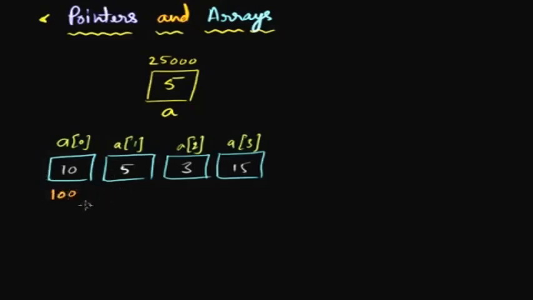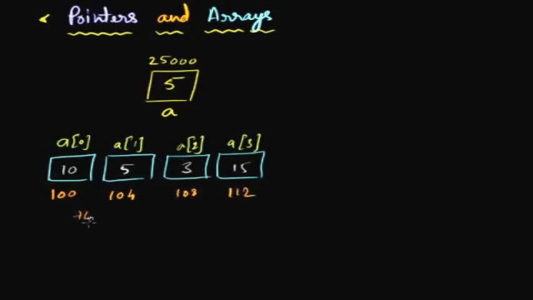So you can guess that the next element will have an address 104. I said that memory is allocated continuously. First element, then the second element, then the third element, then the fourth element. It is assigned continuously. So this would be 108 and this would be 112.